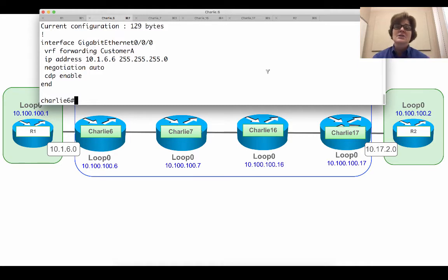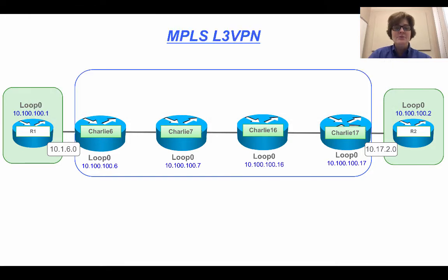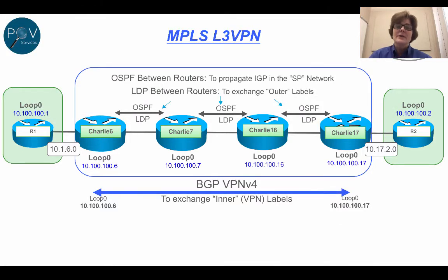We also do some other additional ties. Again, we're not going to get into VRFs, RTs, and RDs. What we're going to do is follow the label to figure out how we actually swap these labels in between Charlie6 and Charlie7. So let's talk about this.